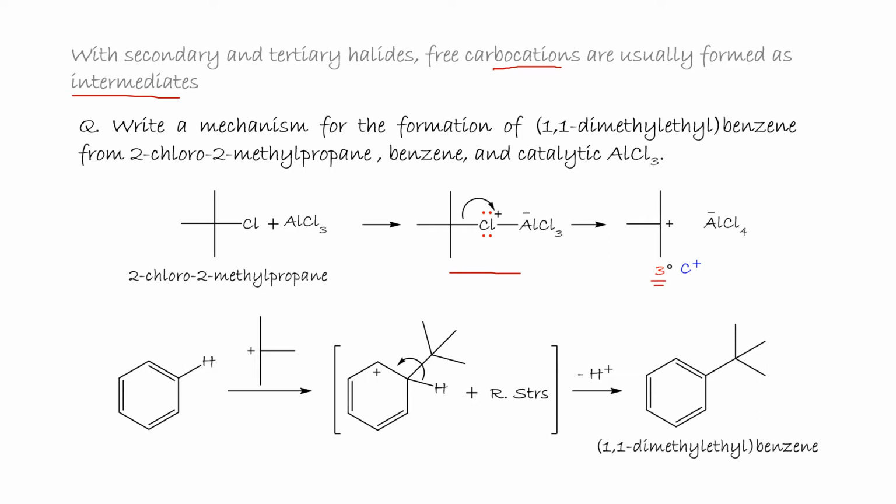And then the tertiary carbocation is attacked by the benzene pi bond, forming the sigma complex, followed by deprotonation to form tertiary butyl benzene, 1,1-dimethylethyl benzene.